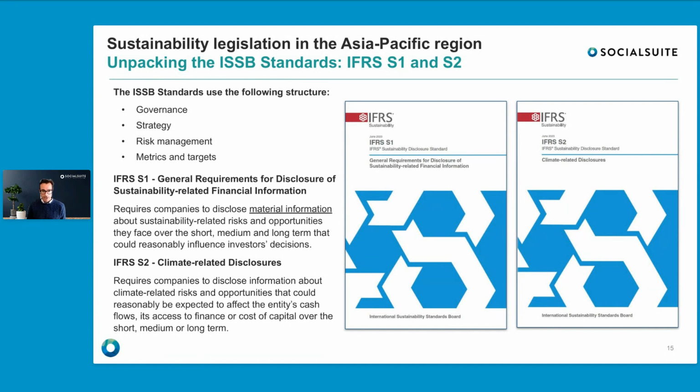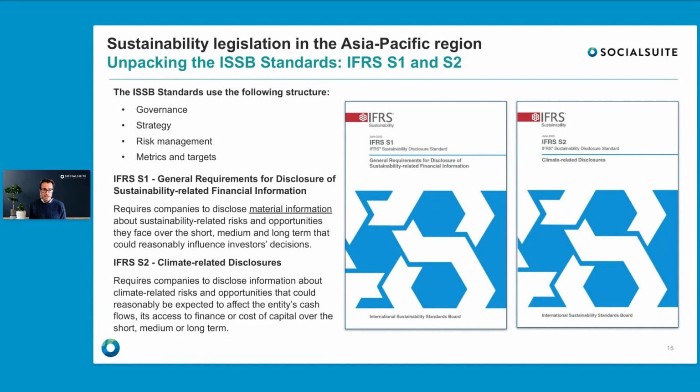S1 is, like I said, on general requirements for disclosure of sustainability-related financial information. Now, a key component to realize here is that companies need to disclose material information about sustainability-related risks and opportunities that they face over the short, medium, and long term. And this is really important, that could reasonably influence investor decisions.